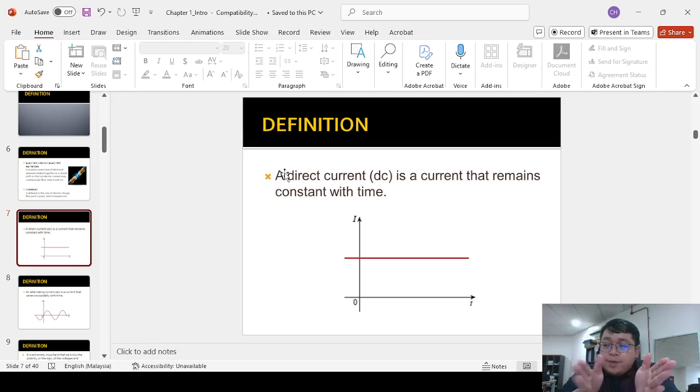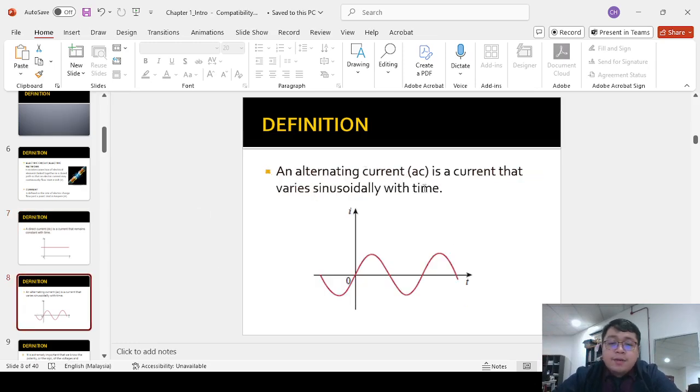In this period of time, the value of current will remain constant in a direct current, while in an alternating current, the graph is the same, with the x-axis as time and the y-axis as current, but it is alternating over time, depending on the frequency of our circuit. As you can see here, it goes up and down through positive and negative values, alternating in alternating current.